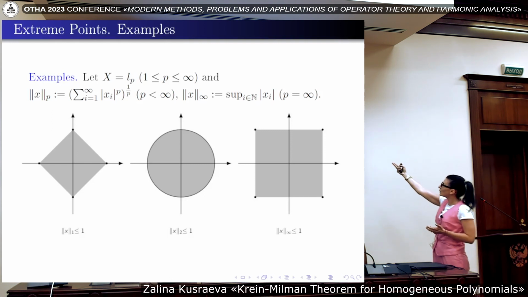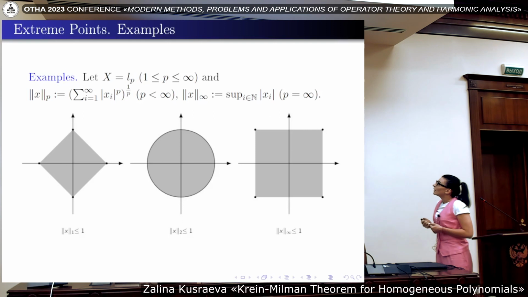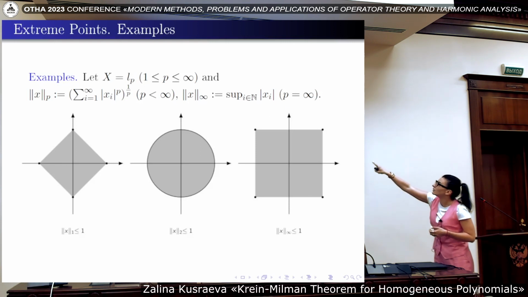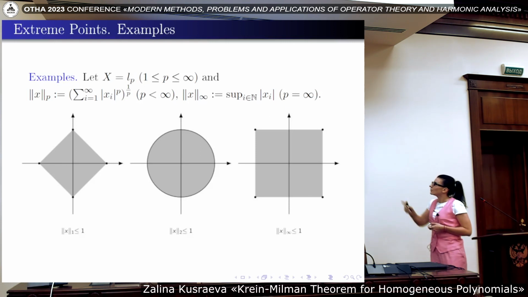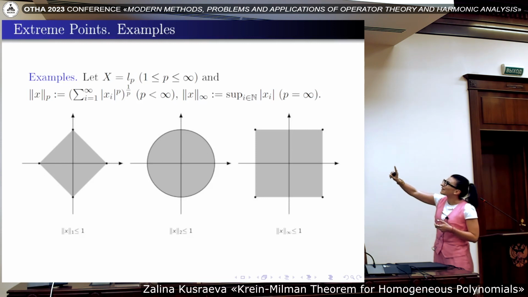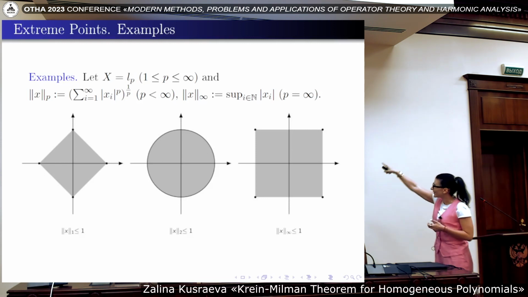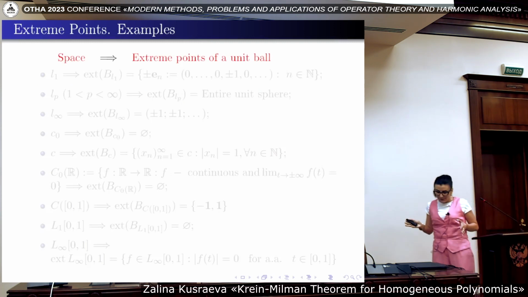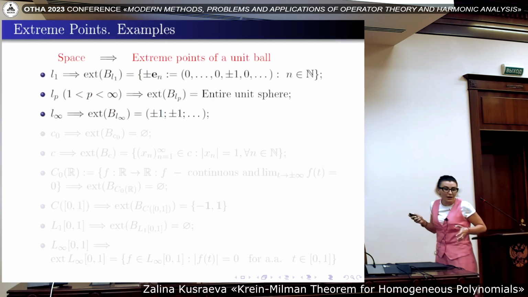And one more case, when p is equal to infinity, we have a square. So here we can see where the extreme points are situated. These are the corners of the rhombus, all the boundary of the circle, and the corners of the square.